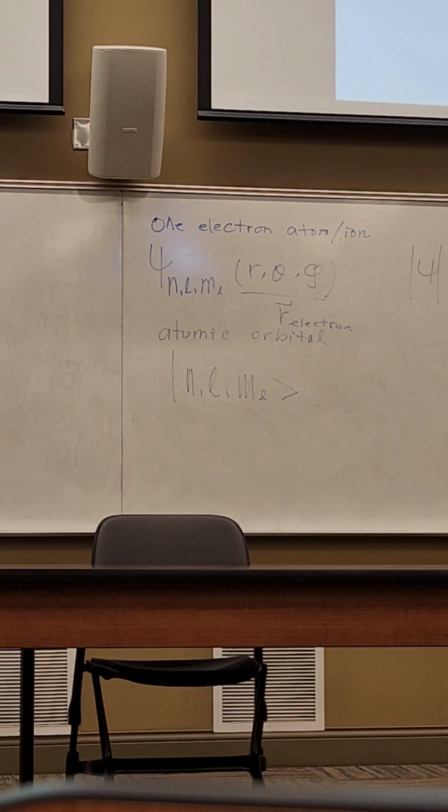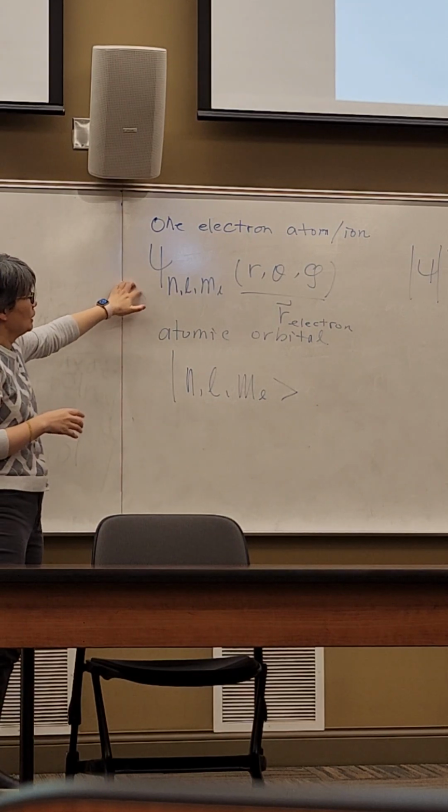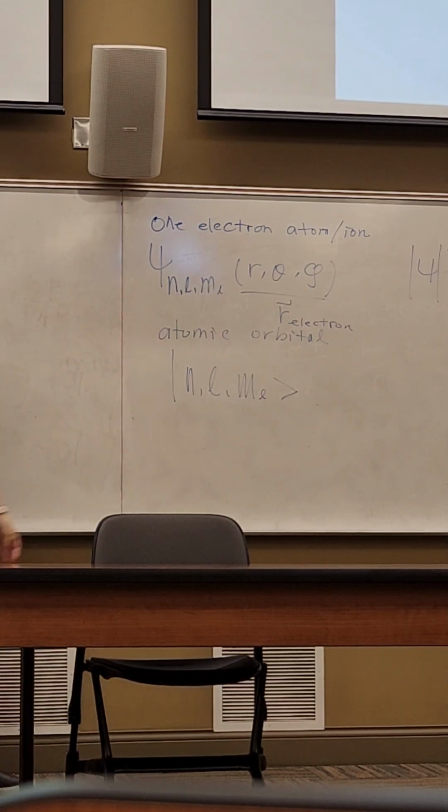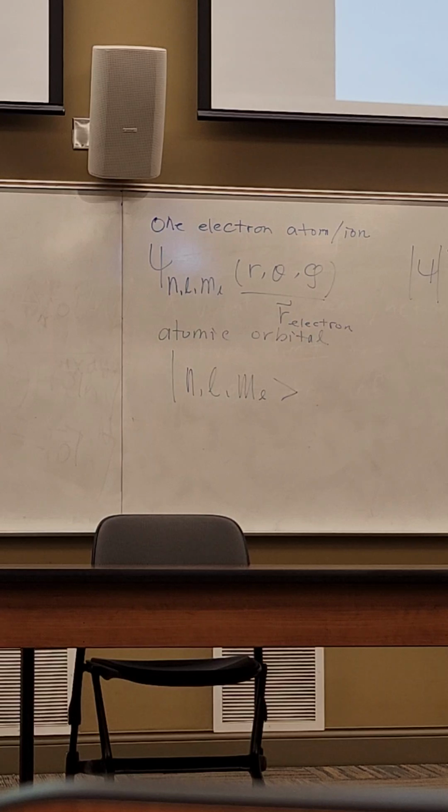Either way is fine. So if the electron can be described by a particular wave function, then we say the electron occupies that particular atomic orbital. All right.